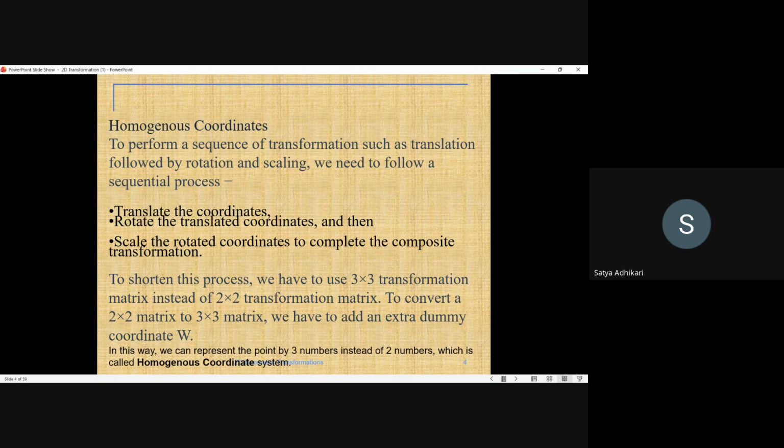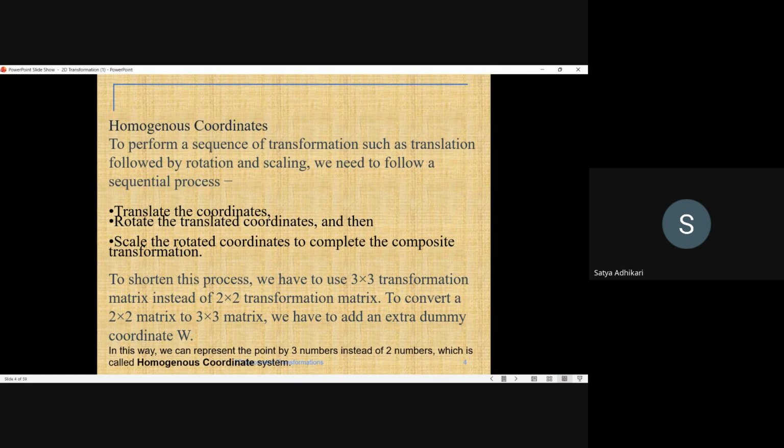To shorten this process, we use a 3 cross 3 transformation matrix instead of a 2 cross 2 matrix. As it is a two-dimensional transformation, the representation is a 2D matrix. But to make the process simpler, to perform the composite transformation easily, we use a 3 cross 3 transformation matrix instead of a 2 cross 2 matrix.